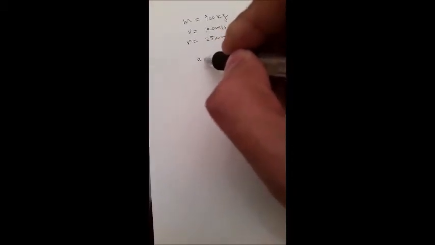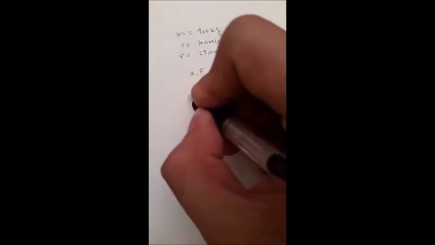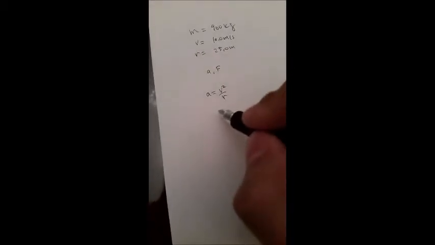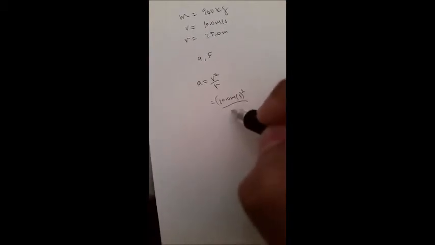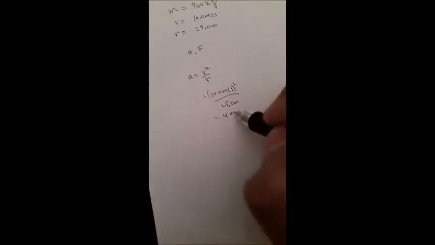And the problem asks us to solve for a and F, which is the acceleration and the force acting upon it inwards due to the centripetal friction force. So in order to do this, we have to apply our uniform circular motion equation. a is equal to v squared over r. Now we just plug in values to get 4 meters per second squared.